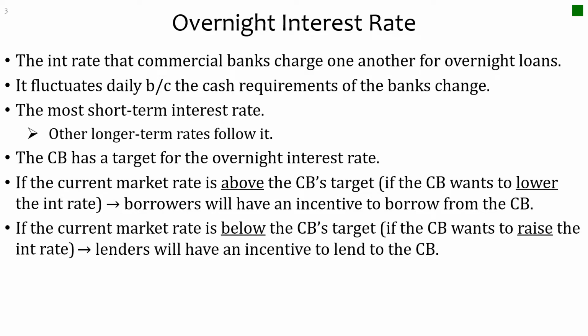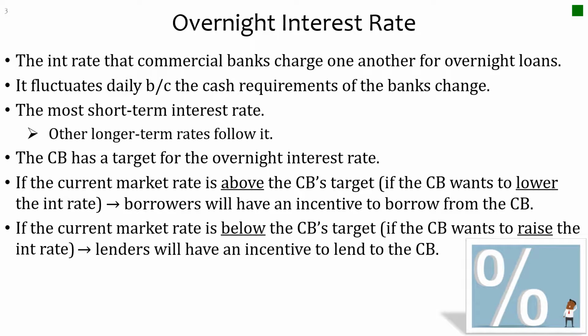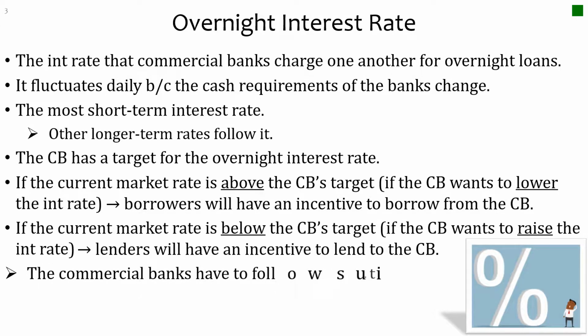In the second case, the central bank operates as a borrower. Either way, the central bank is going to win because of competition, basically, because it's offering a better rate compared to the other borrowers or the other lenders. So the commercial banks will have to follow suit. Whatever is the target of the central bank is going to be effective.